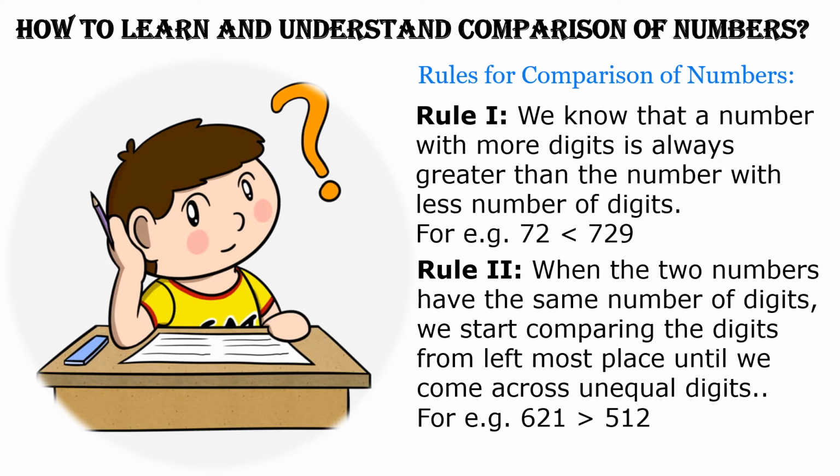Here, both are 3-digit number. So let's start comparing the digits from the left-hand side. So in the first number, towards the left-hand side, I have 6. And in the second number, towards the left-hand side, I have 5. So 6 is more than 5. So, obviously, 621 is more than 512.